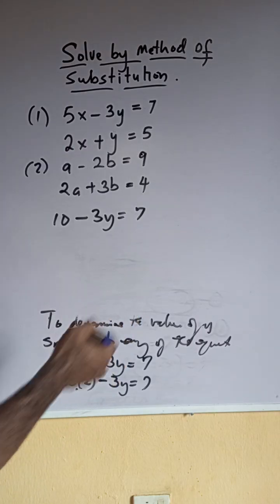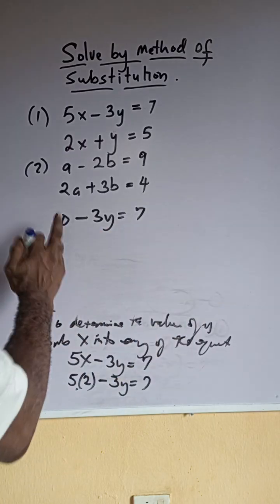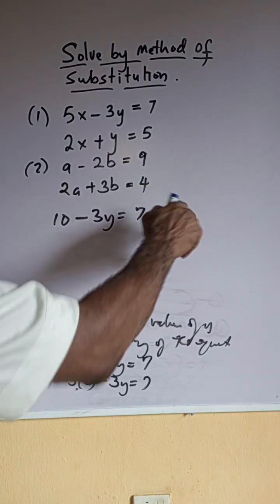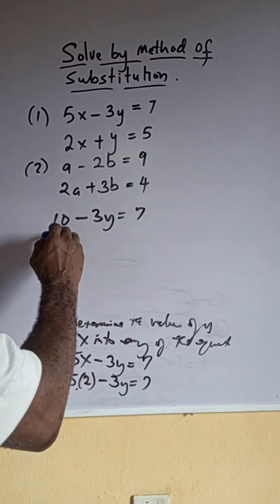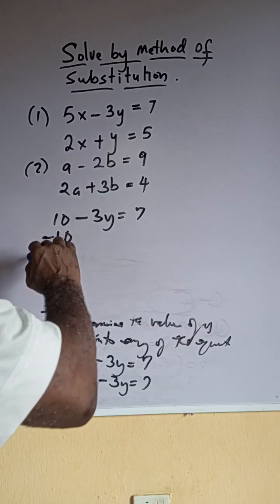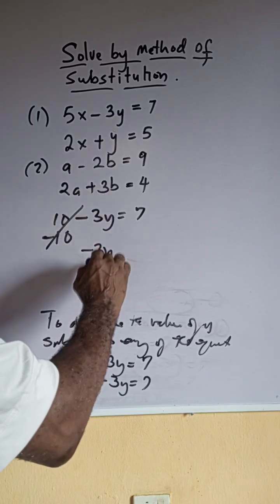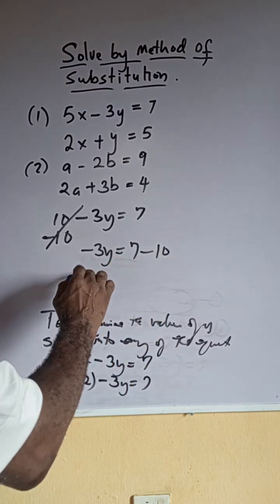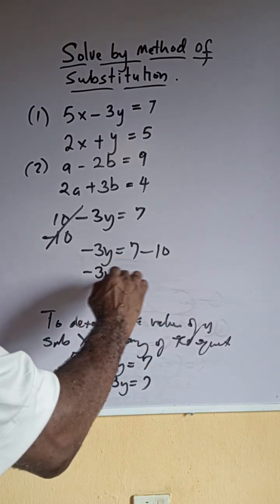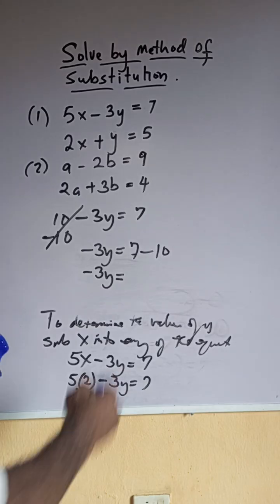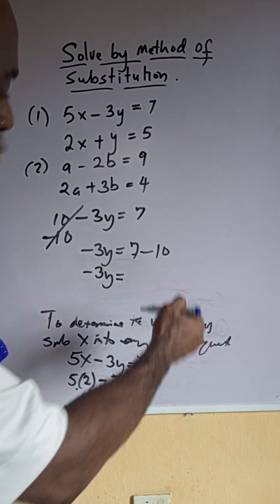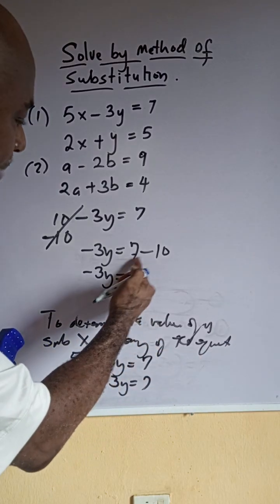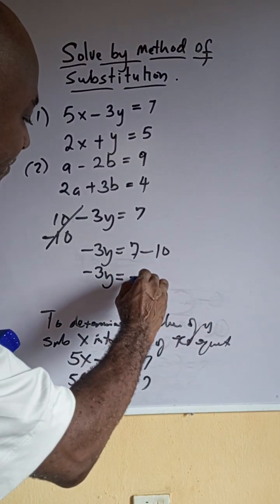Now we take this plus 10 to the right hand side. If we do that, we introduce a negative 10, so that 3y is equal to 7 minus 10. Here you are taking away a larger number from a smaller number, so 7 minus 10 will give us a negative result.